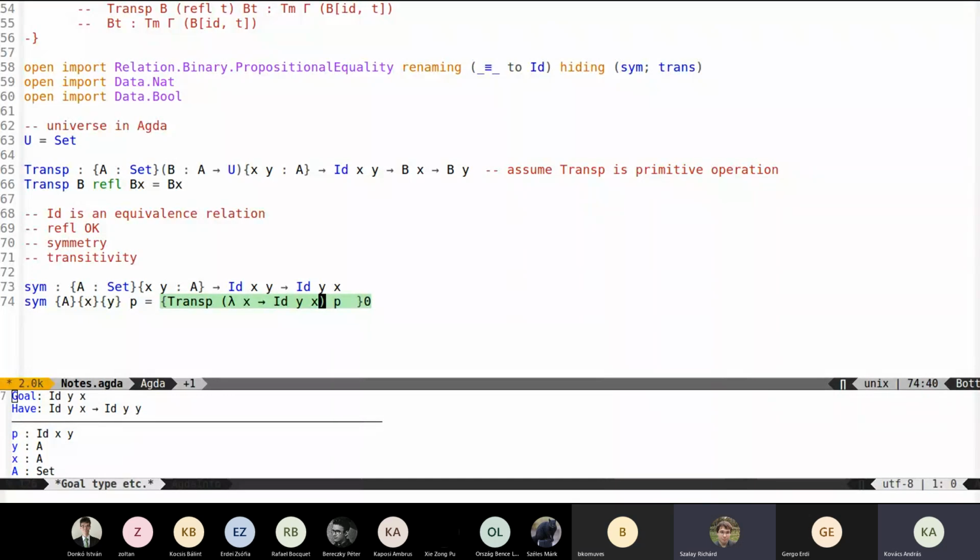But then the base case. So the result should be id y x. Yeah, the result should be id y x. So you should bind either x or y and write id. Yeah, x. So the goal. Now it's good.